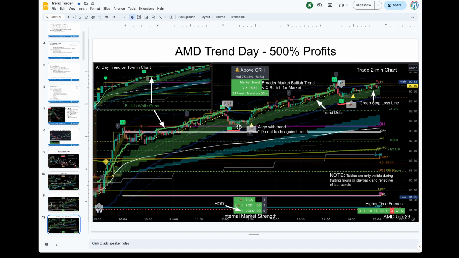So this would be a good time around here to say, okay, it's holding. I'm going to get in. I'm going to align with the trend. And now, because you waited for a good pullback, you're getting your calls much cheaper. So if you're wrong and the trend changes, you'd lose less money.